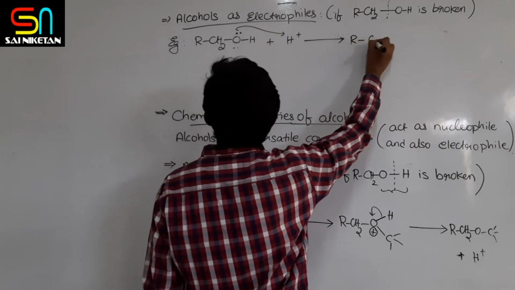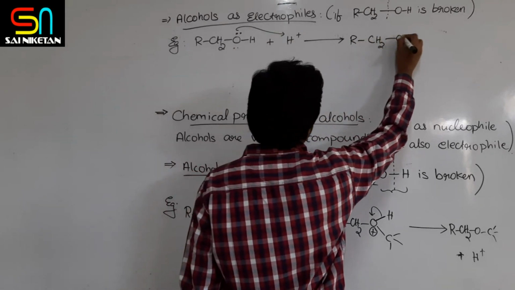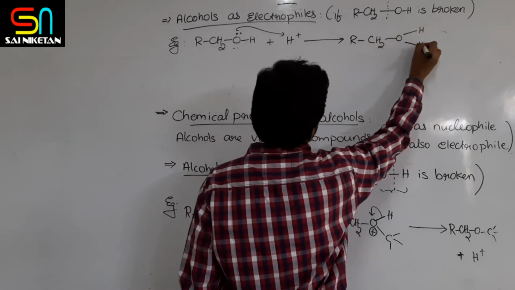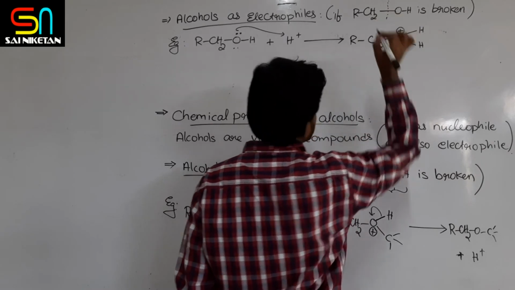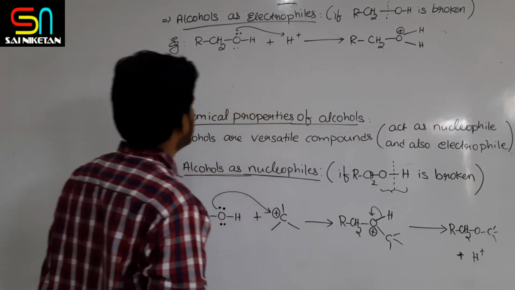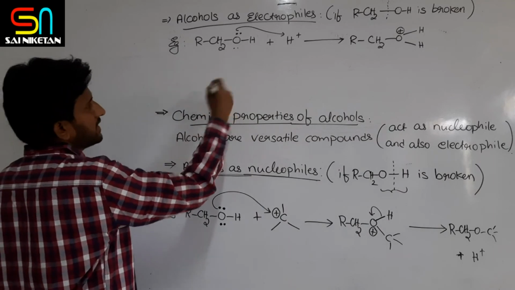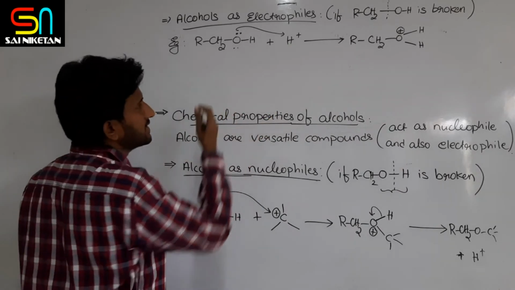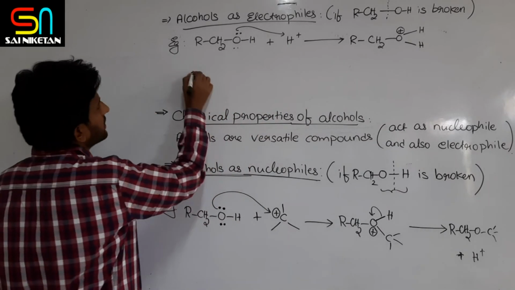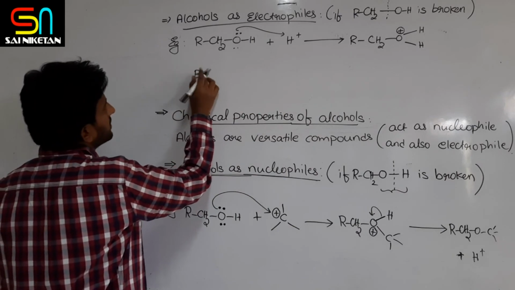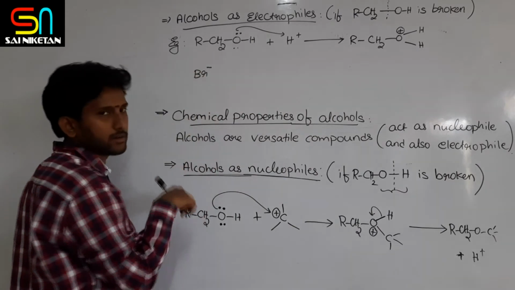So I will write this reaction as RCH2 with oxygen carrying two hydrogens and a positive charge. Assume that in the second step some nucleophile attacks, let us take bromide ion or any nucleophile.